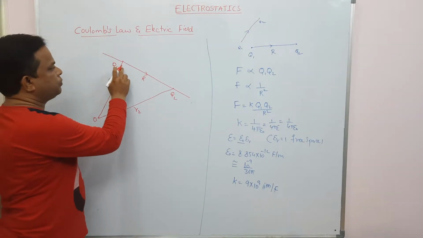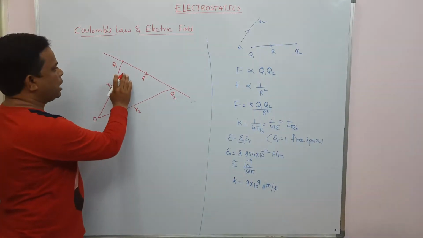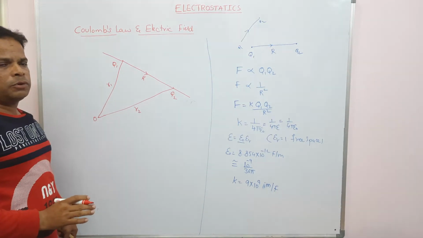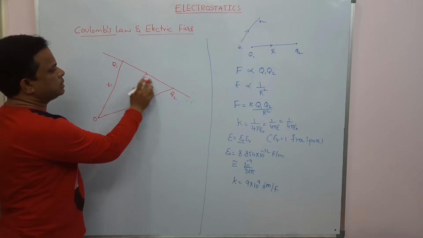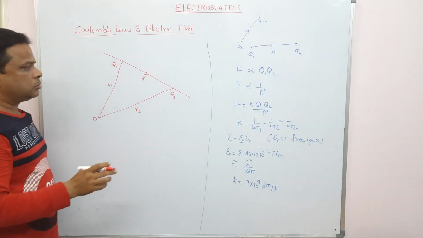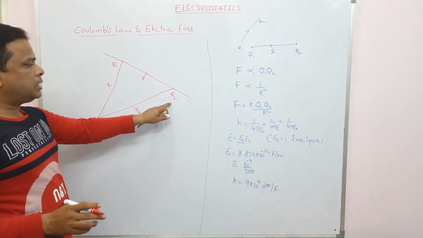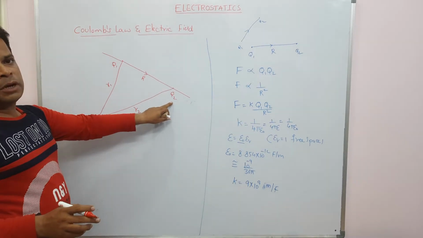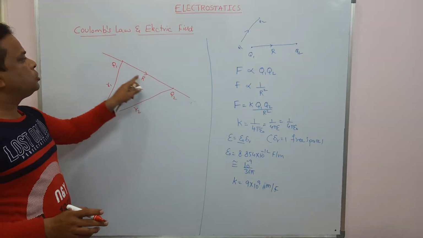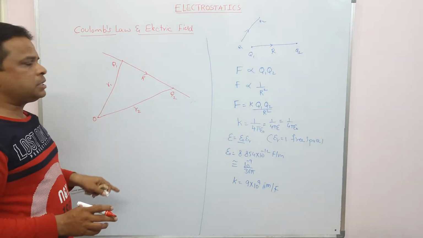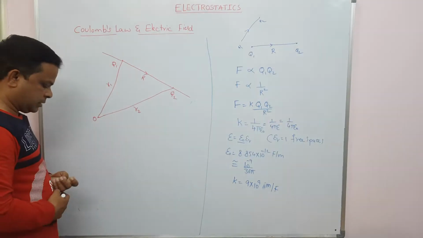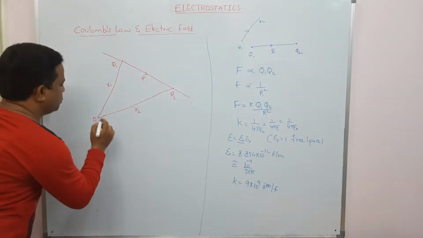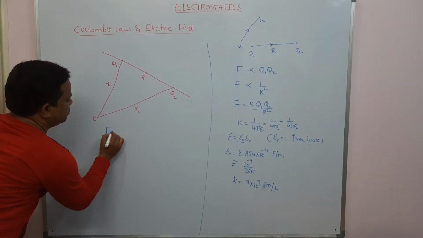Now I am going to calculate the force that Q1 exerts on Q2, that is F12. Now I am going to write the vector form of this.